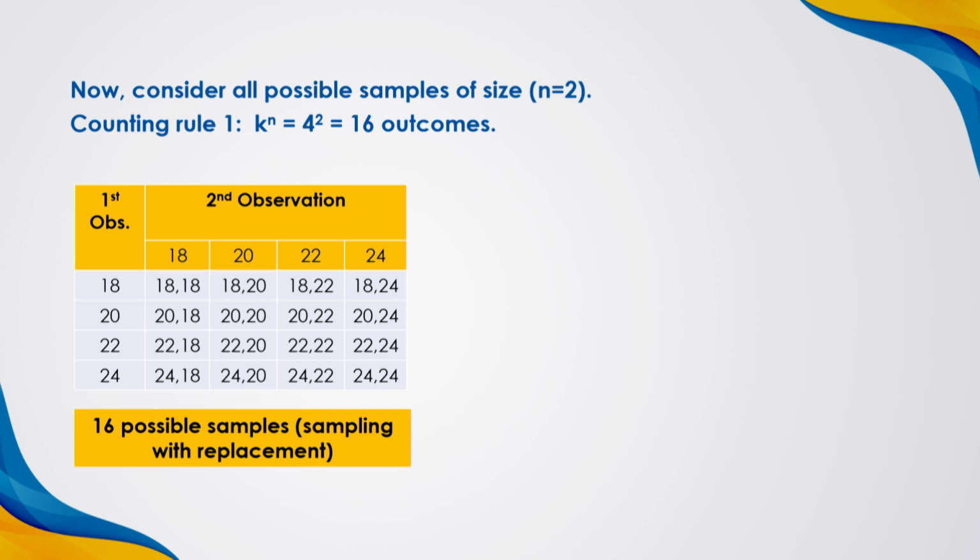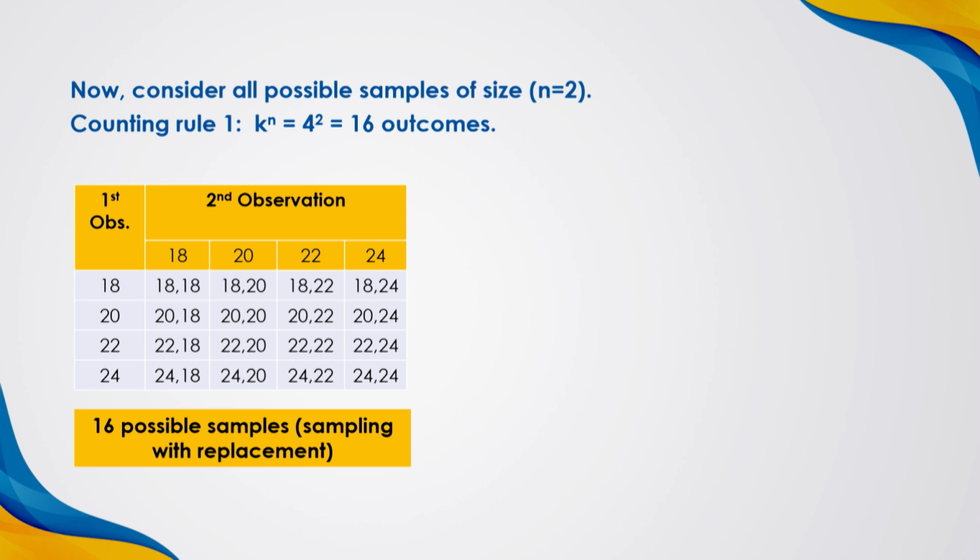So, from this image we have 16 possibilities. The first observation, second observation: we have 18, 18 and 18, 20, 18, 22, 18, 24, and the second row represents 20, 18, 20, 20, 20, 22 and so on.